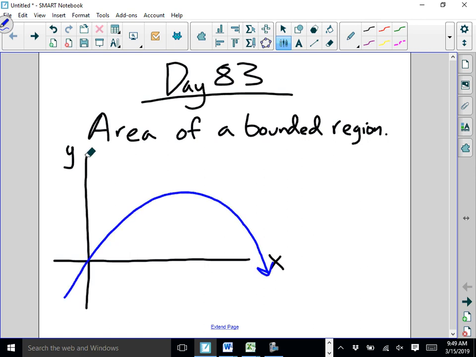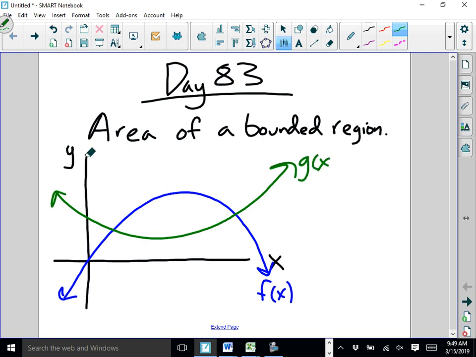This blue function is the function f of x, and this function is called g of x. And my goal here is I want to find the area of the region bounded by the functions f of x and g of x.